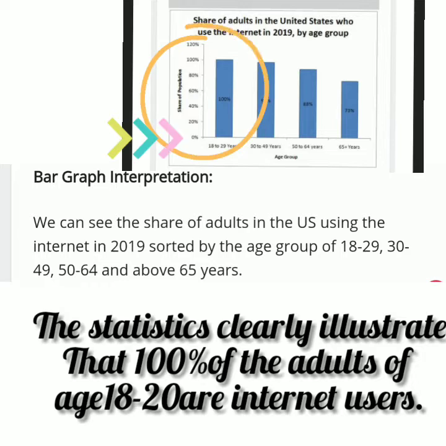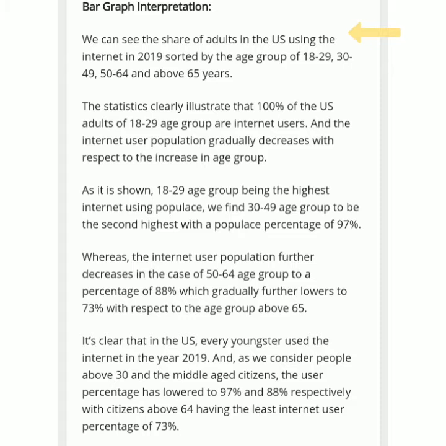The statistics clearly illustrates that 100% of the adults of age 18 to 29 are internet users. Now let's interpret final data. We can see the share of adults in USA using internet in 2019 sorted by the age group of 18 to 29, 30 to 49, 50 to 64 and above 65 years.